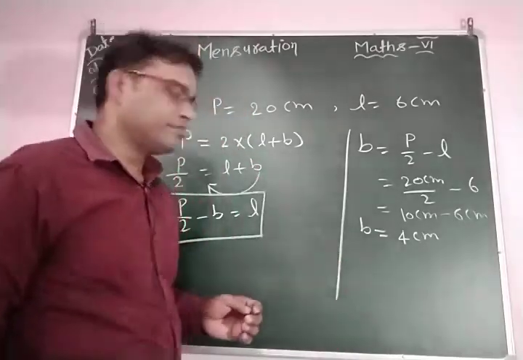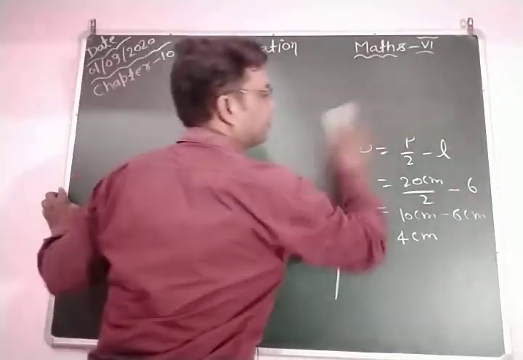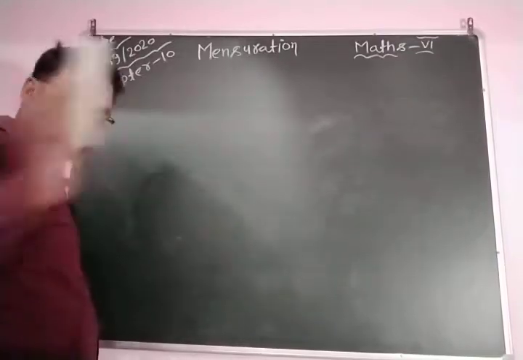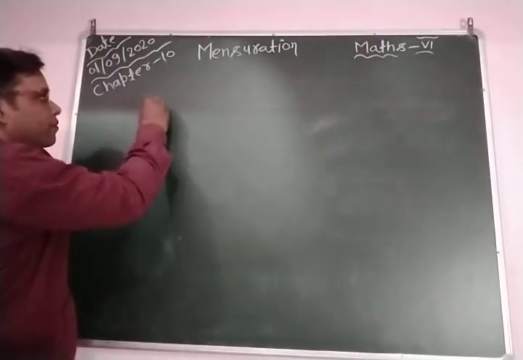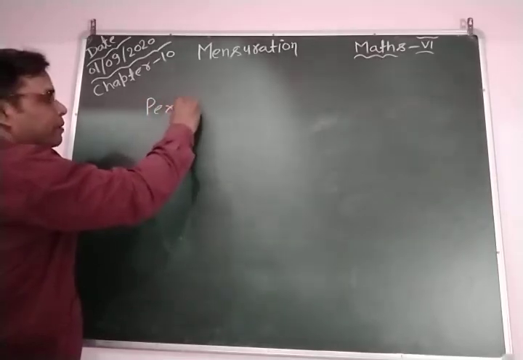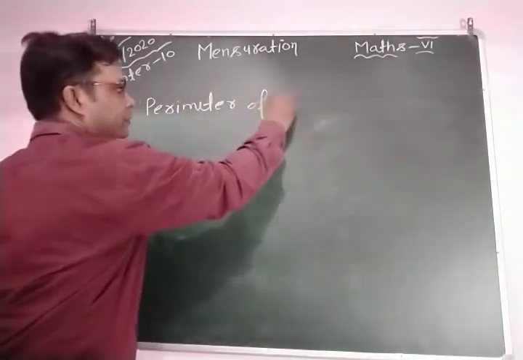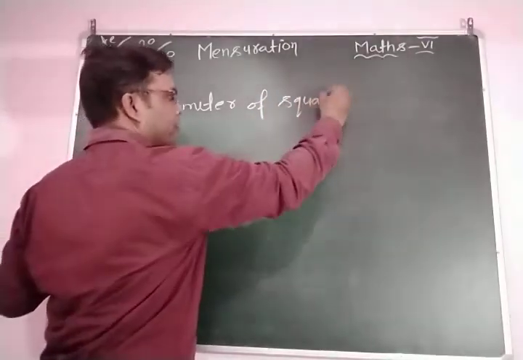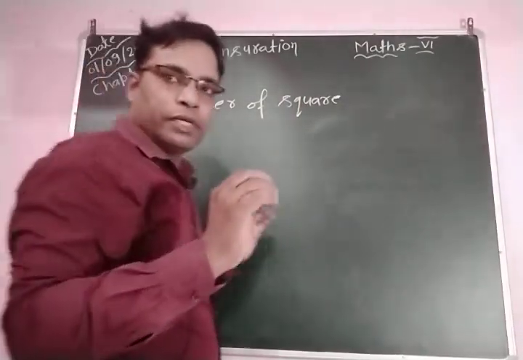So perimeter of square. First we draw a square.